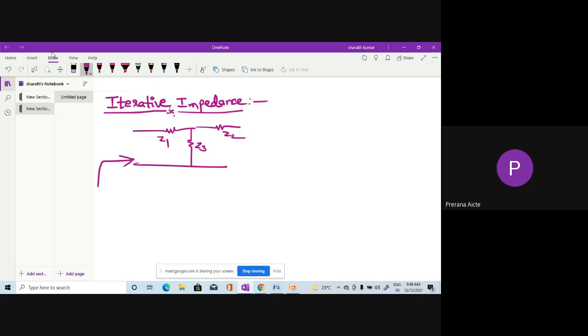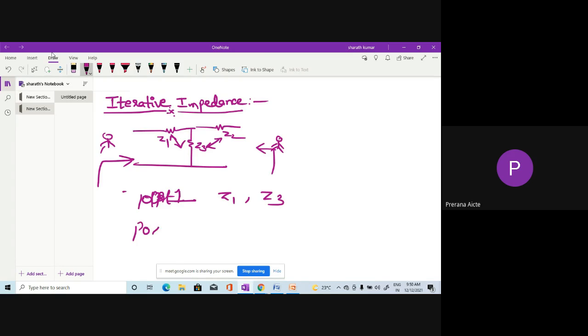So when you look from the input, what parameters of your network are visible? Z1 and Z3. When you look from port 2, what are the visible values appearing? Z2 and Z3. So when you look from port 1, the visible values are Z1, Z3.